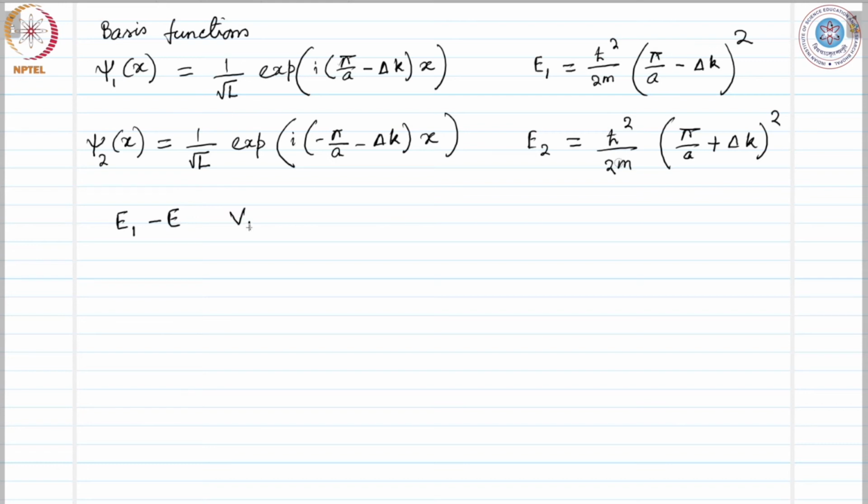E1 minus E, V1, V1 complex conjugate, E2 minus E. This would give us the secular equation equals 0.